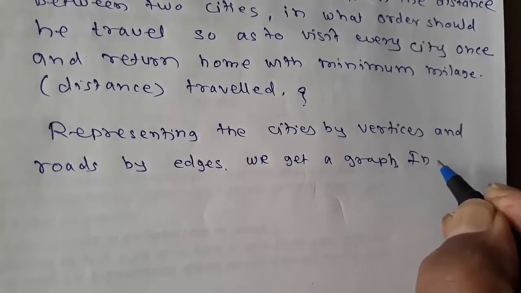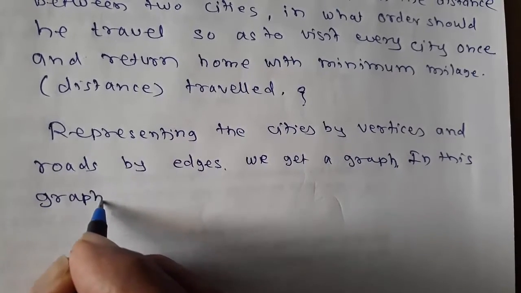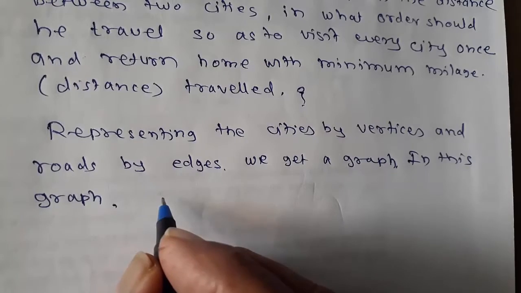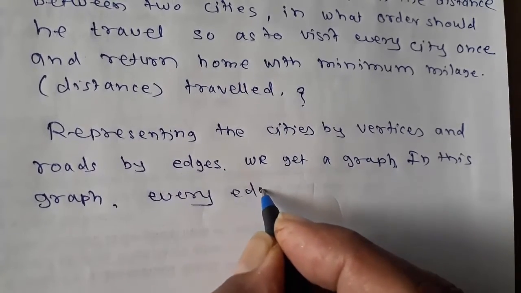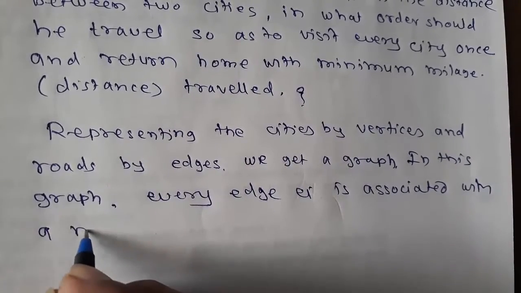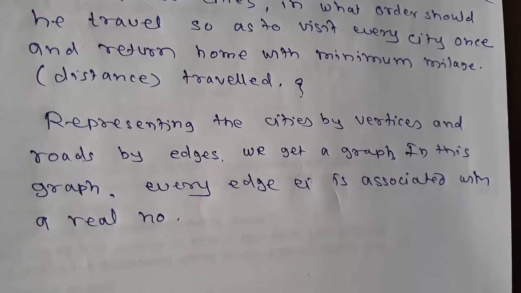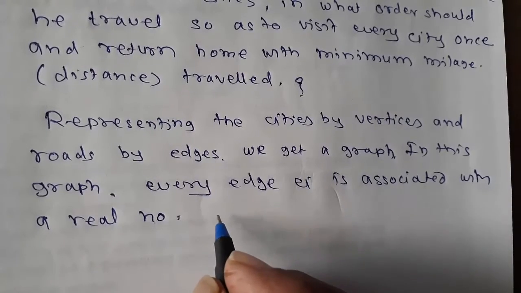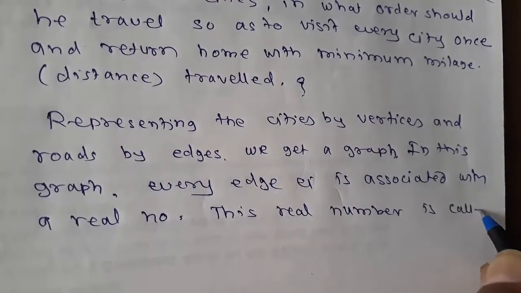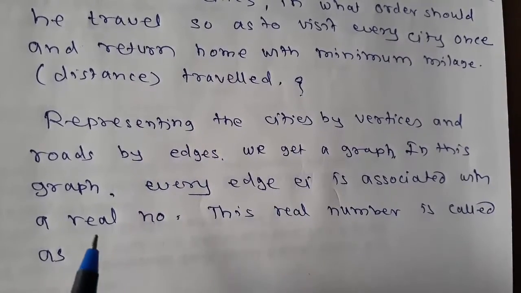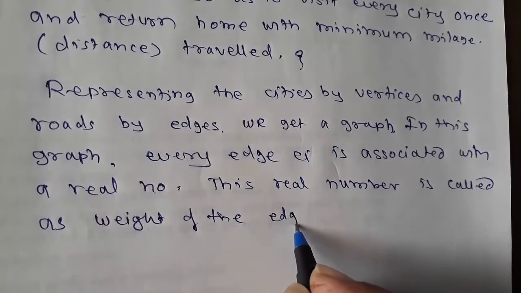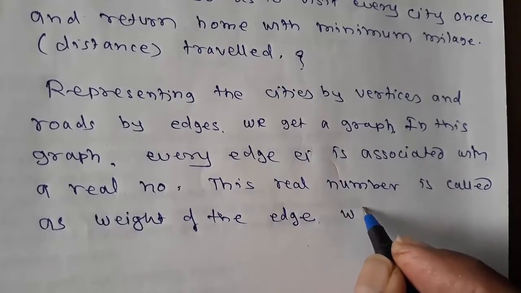In this graph, as distance between every two cities is given, every edge ei is associated with a real number, that is the distance between two cities, and this real number is called as weight of the edge. It is denoted by w(ei).